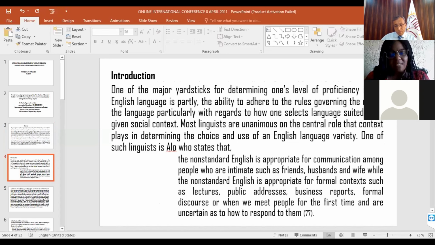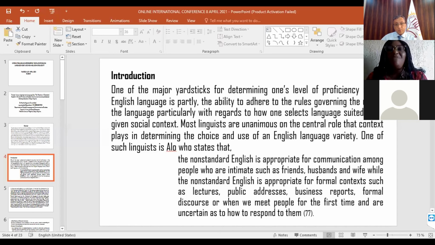The expectation is that such a student would adopt the standard English variety. If such a student finds himself or herself among friends, acquaintances or family members, one wouldn't expect the student to still use standard English. This goes to prove that the context generally determines what kind of English language variety a speaker or writer would adopt.